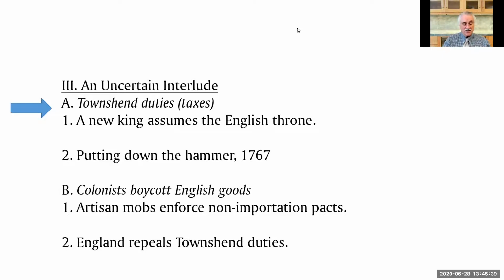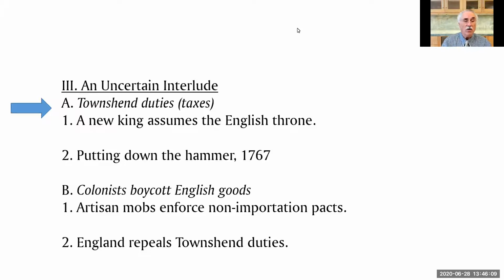And in 1767, Lord Townshend and the royal agencies took a number of steps to exercise greater control over the colonies. And it passed something called the Townshend duties, a duty is a tax, the Townshend taxes to raise revenues to open up the interior.